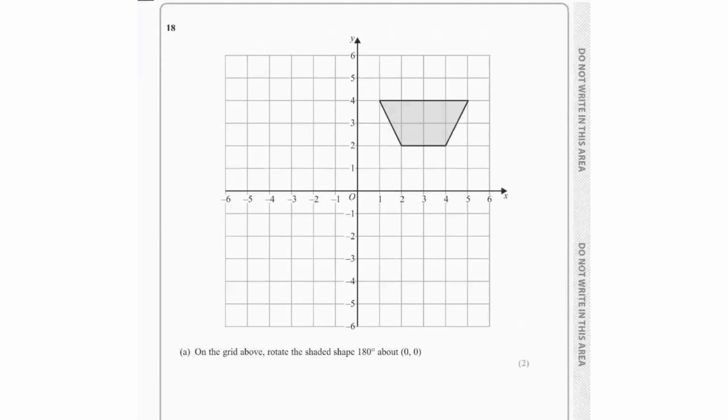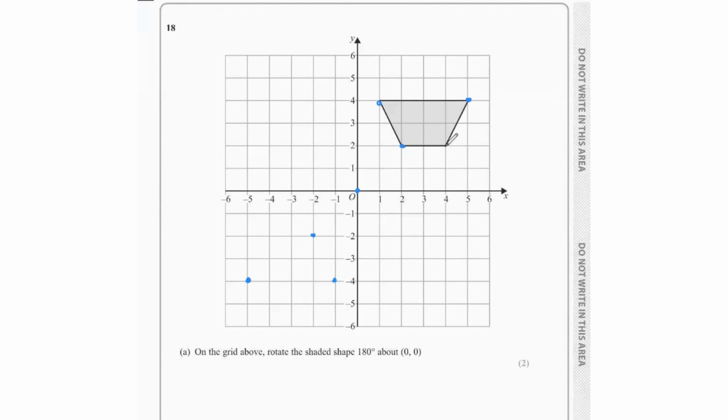Question 18 says, on the grid above, rotate the shaded shape 180 degrees about 0, 0. And this is our center of rotation. And since it's being rotated 180 degrees about 0, 0, if we look at our points, 5, 4 will become -5, -4. 1, 4 will become -1, -4. 2, 2 will be -2, -2.